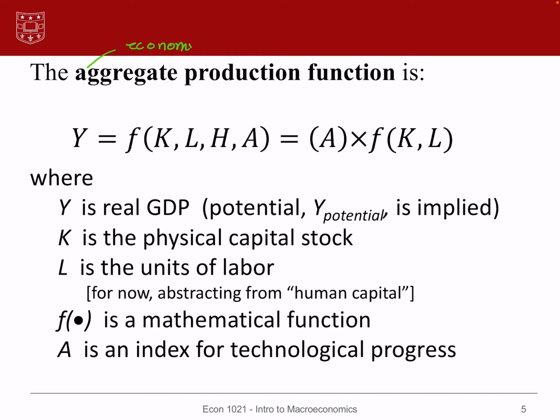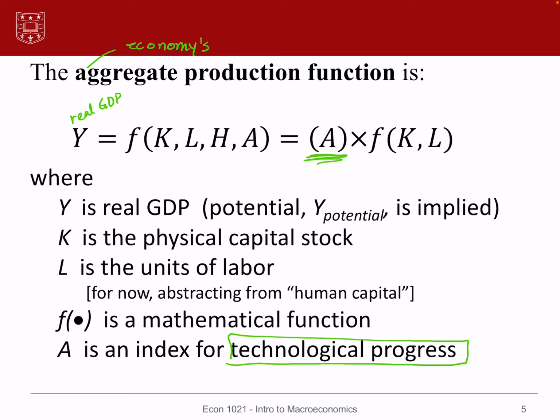What we're saying is that real GDP, which we think of as potential gross domestic product, is a function of things that are useful for producing output. So this A parameter is what we're going to use as our indicator of technological progress.